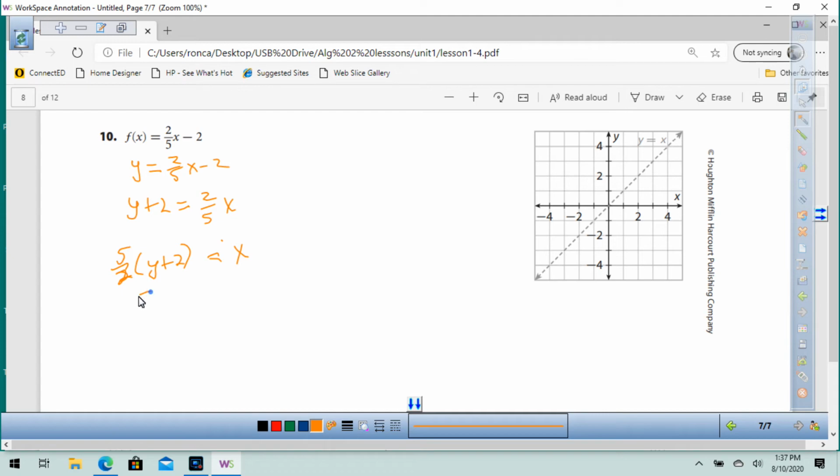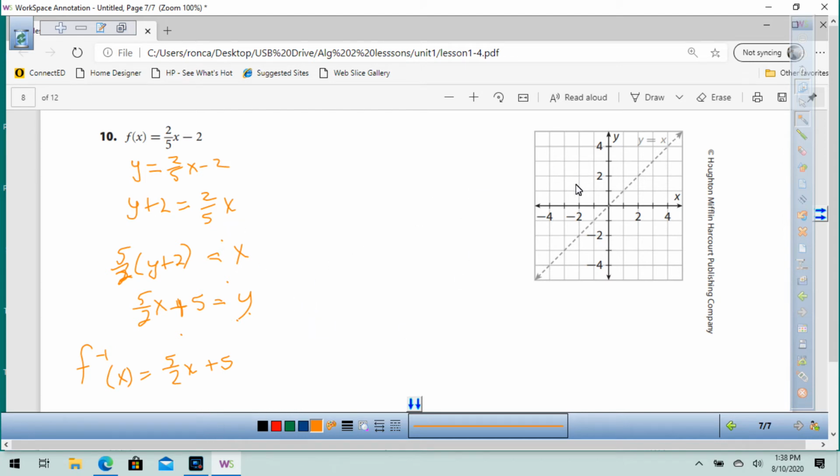So 5 halves times y is 5 halves y plus, and 5 halves times 2 is just going to be 5, equals x. And I'm going to swap the x and the y. Make that an x. Make this a y. And now I'll rewrite it as the inverse of f of x is 5 halves x plus 5.